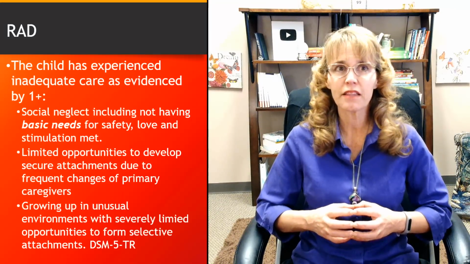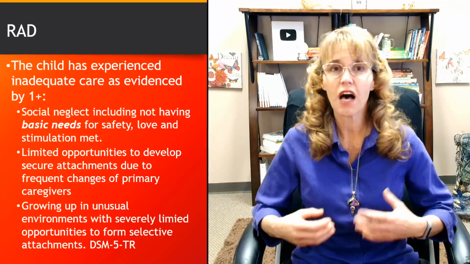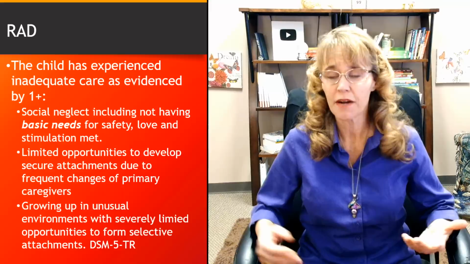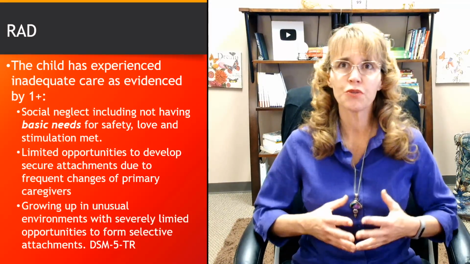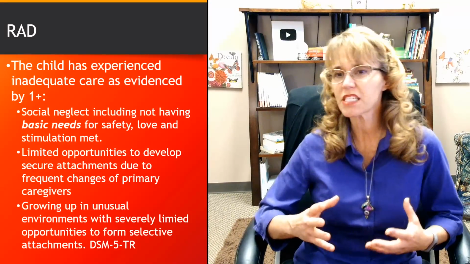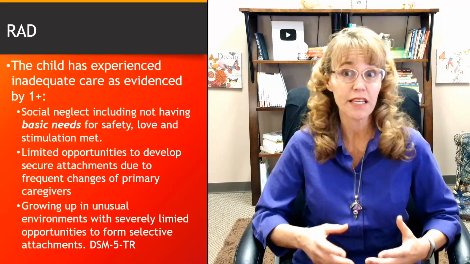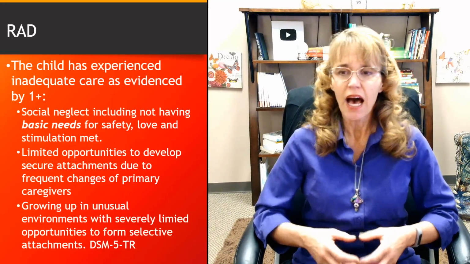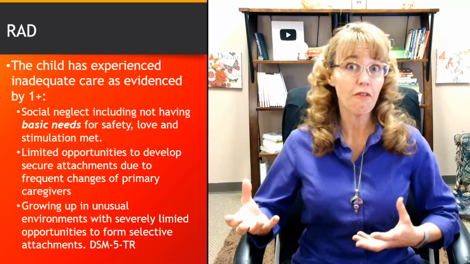It could be the result of a caregiver who is unaware of what the basic needs are. So we really want to explore this concept of basic needs when we're talking about diagnosis.